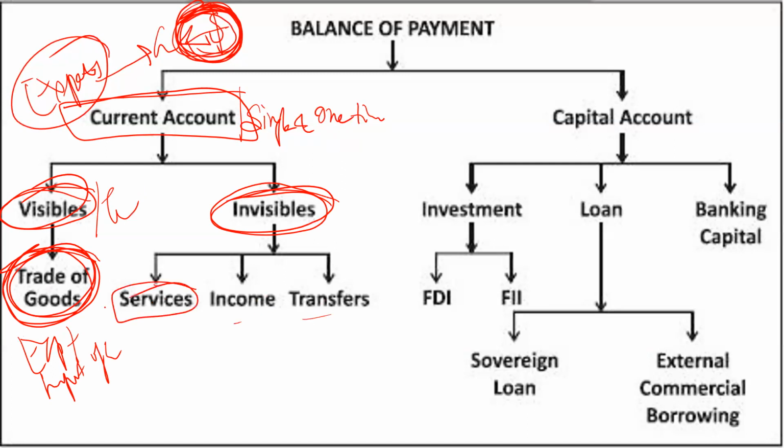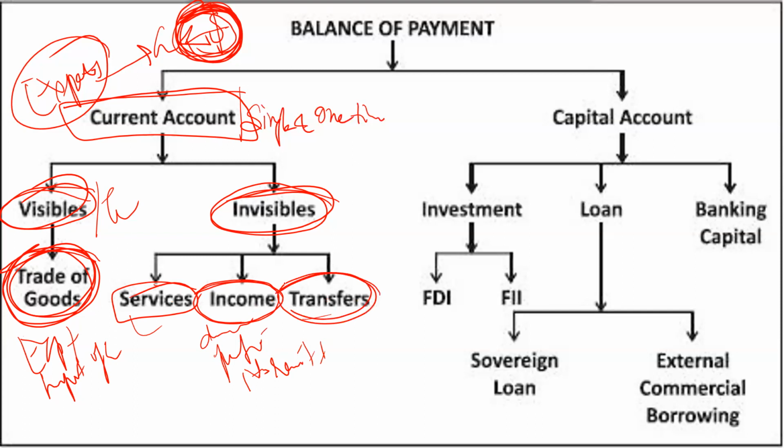What type of services? Transport services, IT enabled services, financial services, etc. And what comes under income? Dividends, profits or interest from loans, and remittances also.